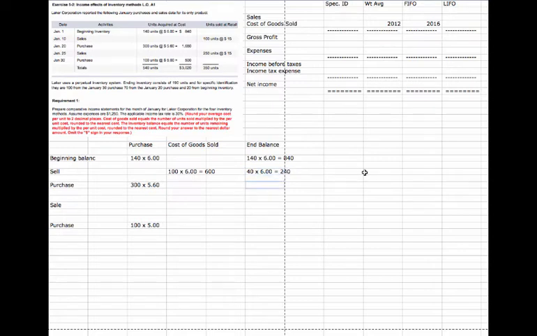Now that I purchase 300 items at $5.60, it'll give me 40 items times $6, which will equal $240. But we also now have 300 items times $5.60, which will give us $1,680.